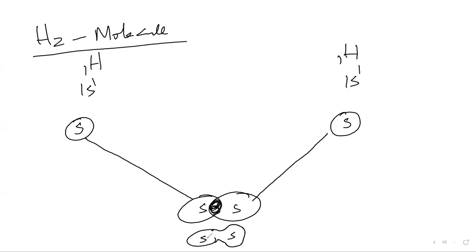This is the constructive way. There is only one nucleus and there is only one nucleus. But after the overlapping, there is no boundary wall in between. And this is the energy level.